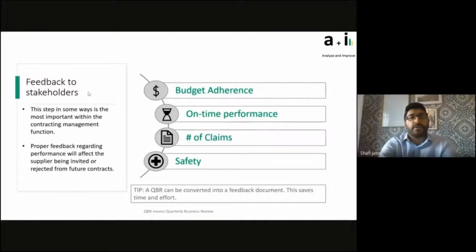Feedback to stakeholders is by far, I would say, one of the most important steps within the contract management phase. This is about responding back to how the contract was executed, what the contract was missing.